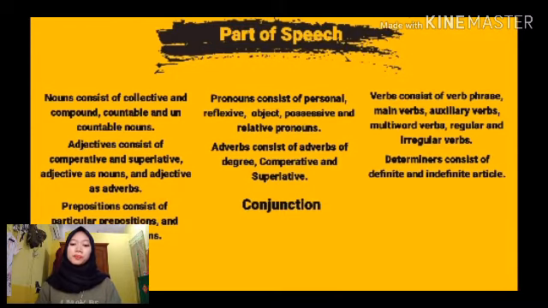The next is pronouns. Pronouns consist of personal pronouns, object pronouns, reflexive pronouns, possessive pronouns, and relative pronouns. Personal pronouns are I, you, they, we, she, he, and it. The object pronouns are me, your, her, his, them.